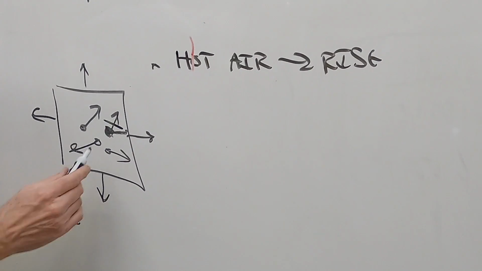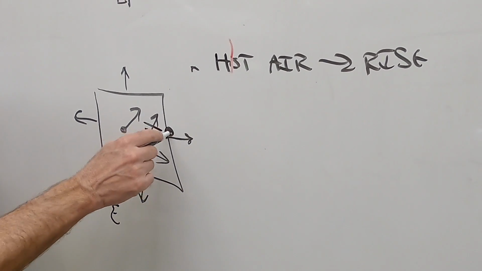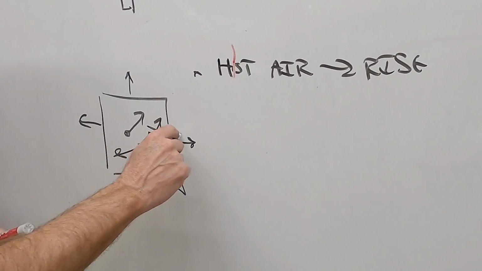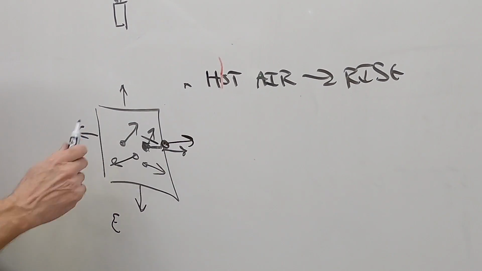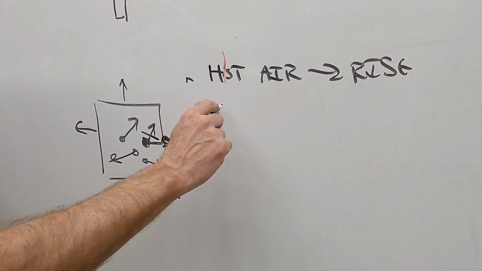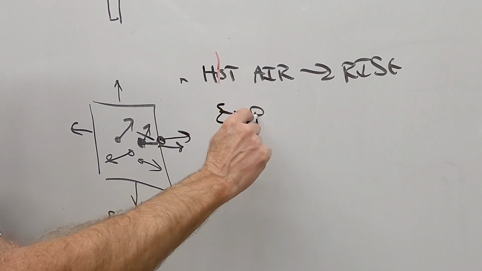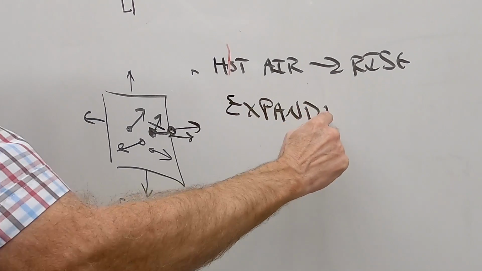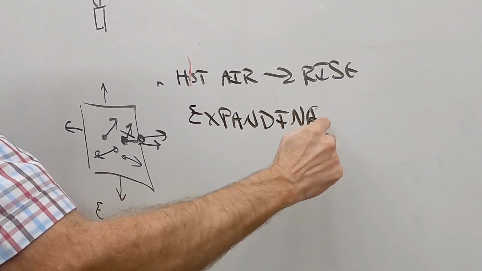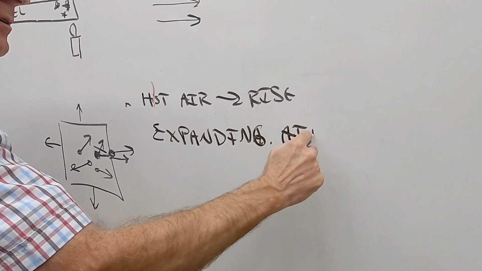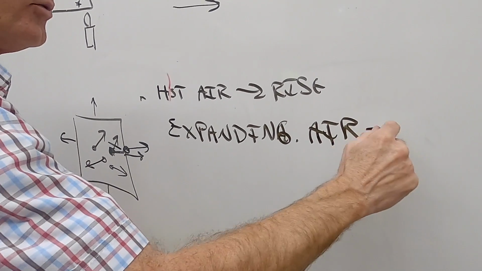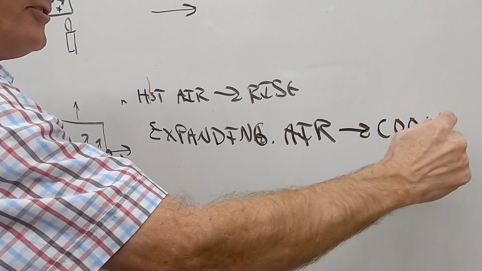It doesn't even have to be a wall. They could run into an atom in front of them, and if that atom is going away from them, they're always going to slow down. So expanding air cools. It slows down, so it cools. And you can test that out.